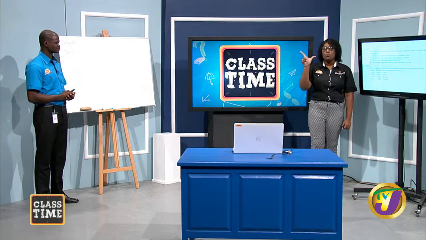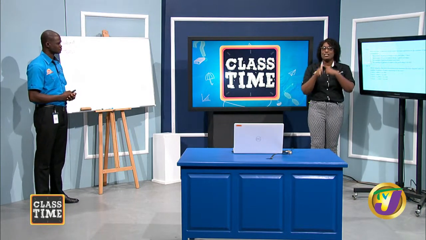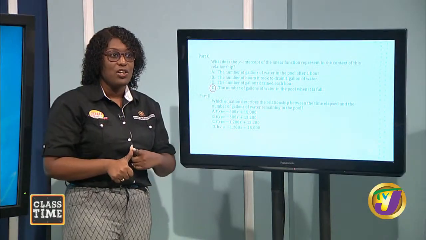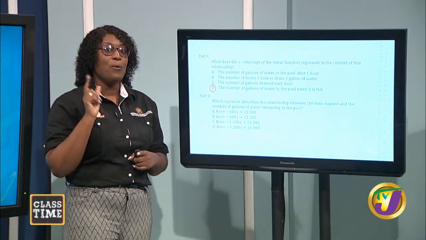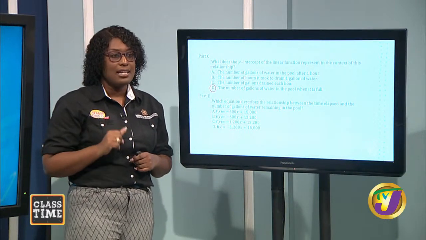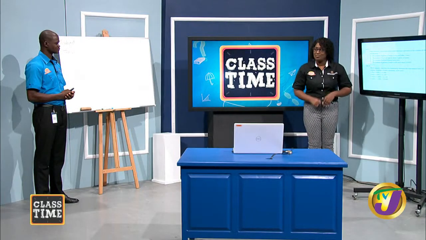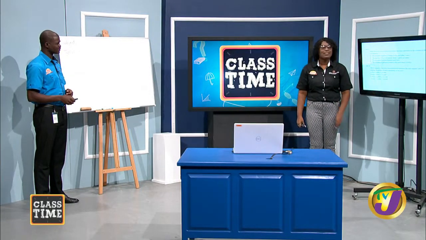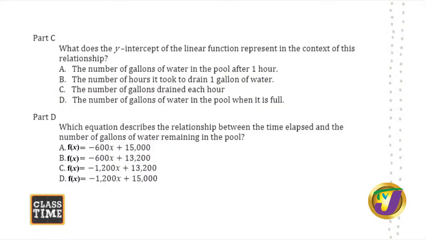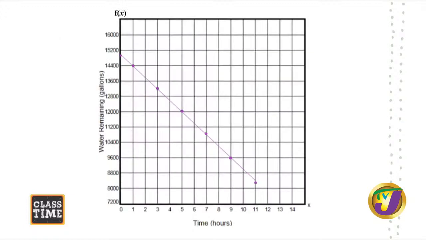So there are two main things that we need to find out: the gradient of this particular function and the y-intercept. So let's see if we can find that out from our graph. You think we can? We can. All right, let's look. So going back to our graph, we need to identify the gradient and the y-intercept.